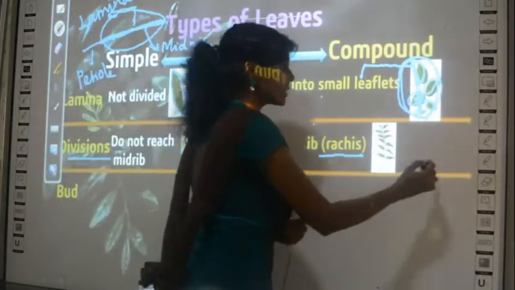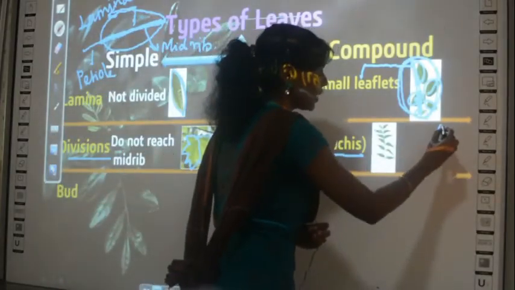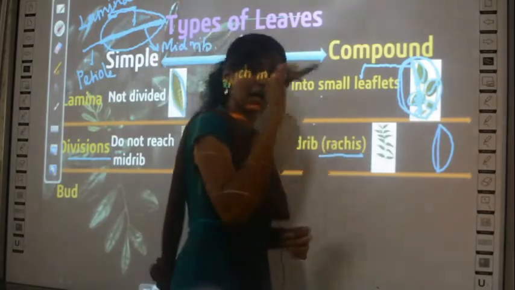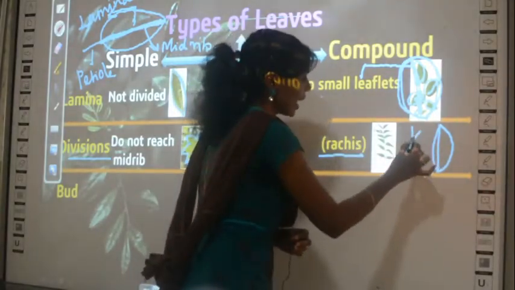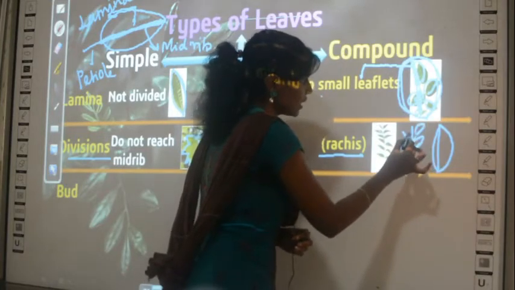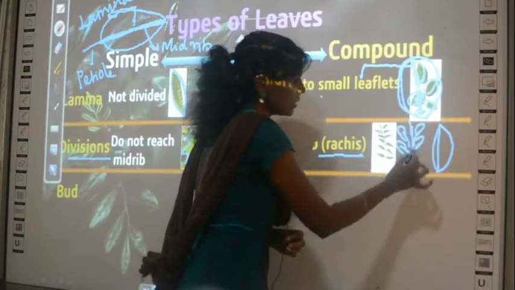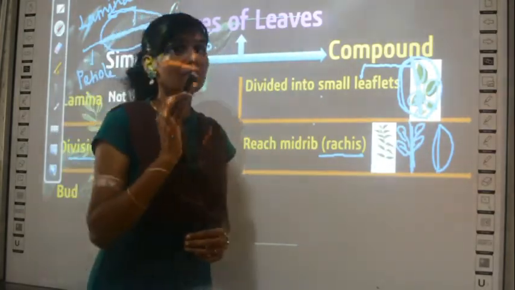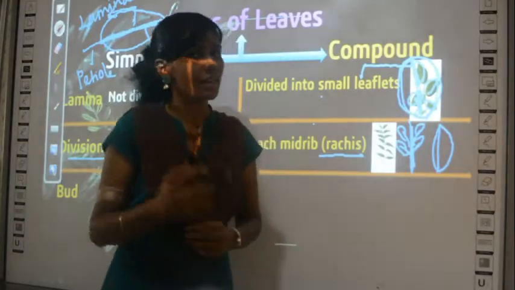If it is a single leaf blade like this, you can call this a midrib. But in the case of compound leaves, you don't have a single leaf blade. You have many leaflets, right? So that's why the central stem-like thing, it is not called a stem, it is called the rachis.